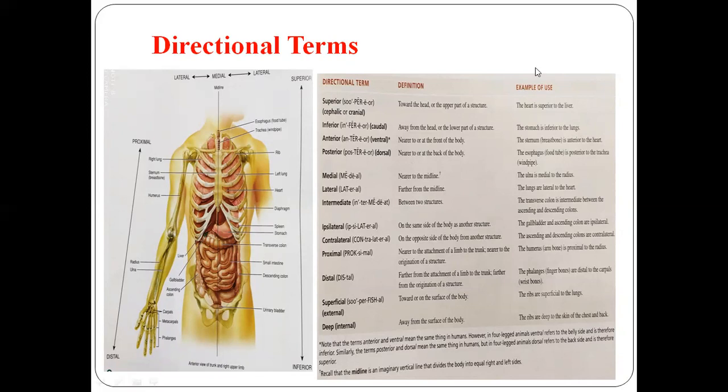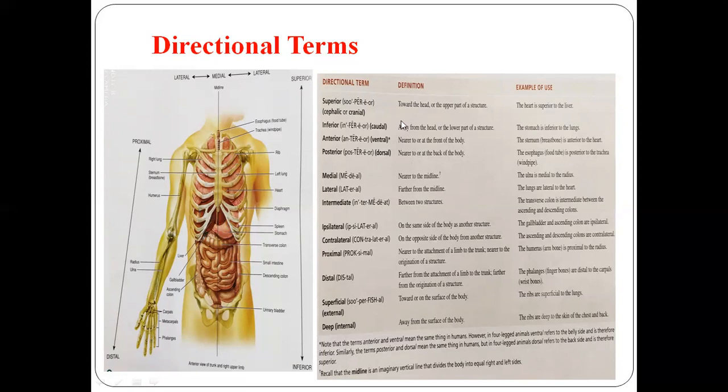Like for superior, if we take an example, we can say that the heart is superior to the liver. And if we take the example of a liver, we can say the stomach is inferior to the lungs. So here are the lungs, and the stomach is inferior to the lung.